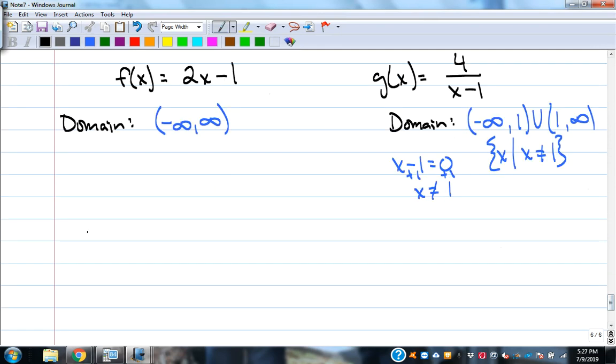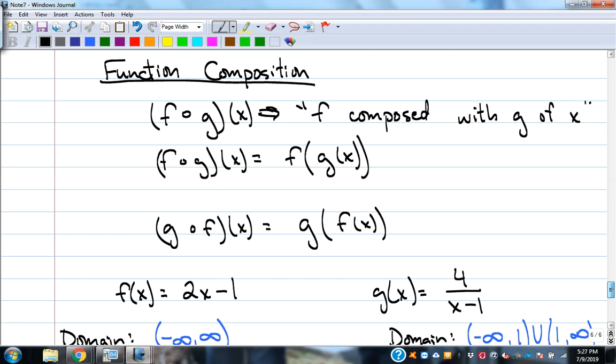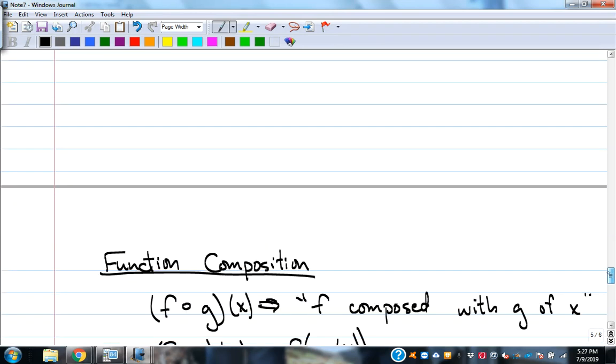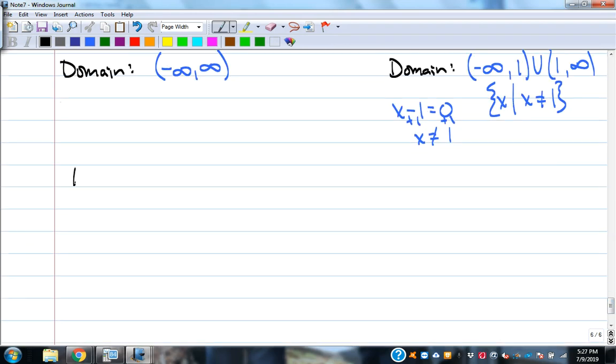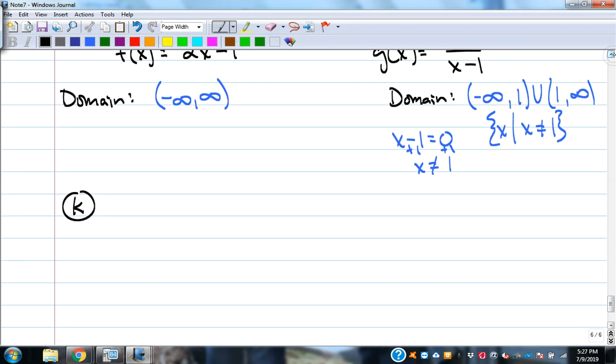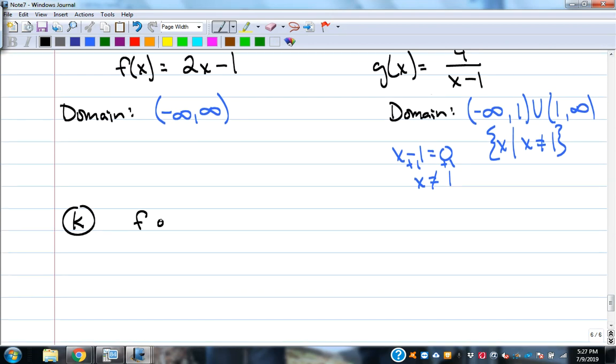All right, so example K says take f composed with g of x. What that means is take g of x and put it into x in the f of x function.